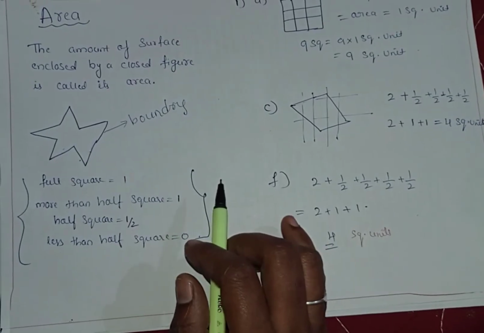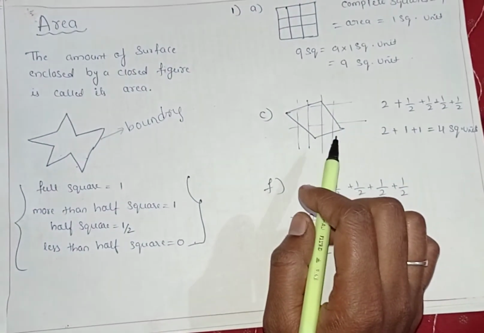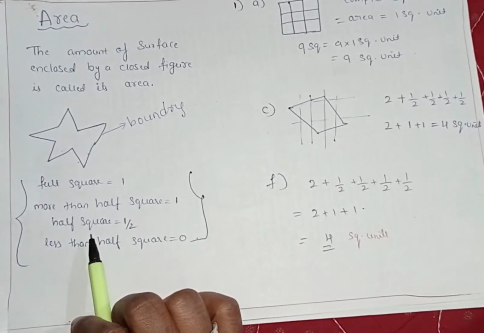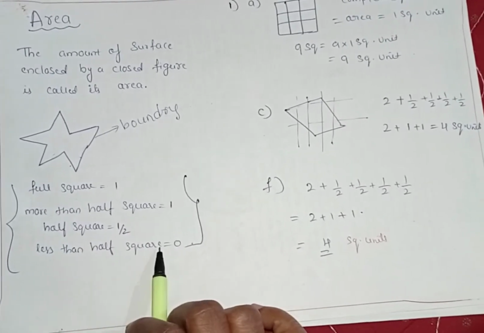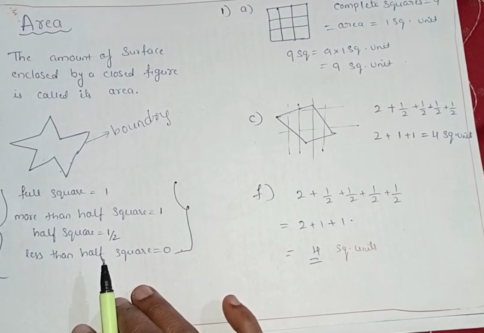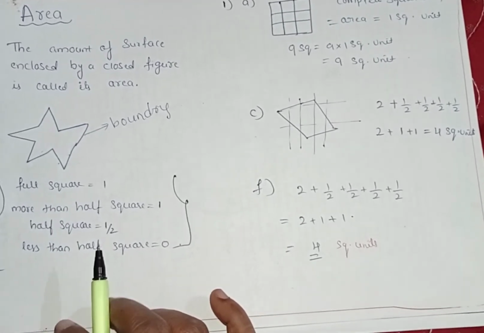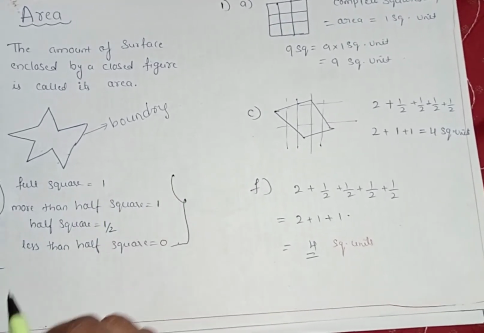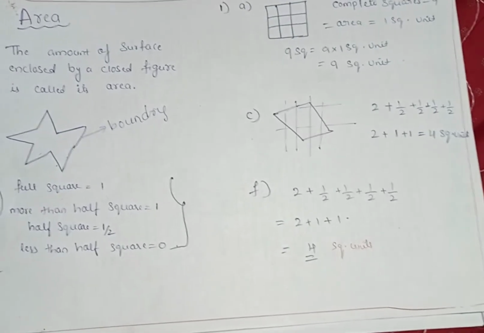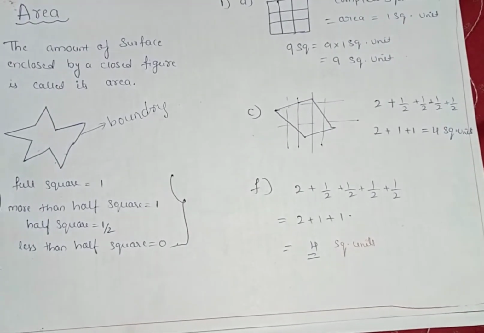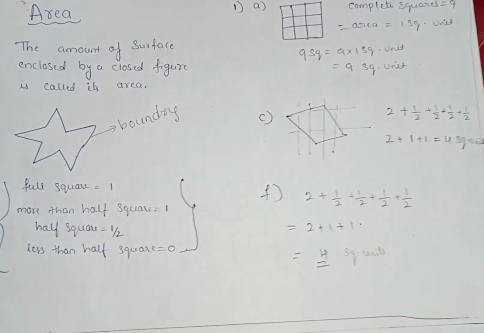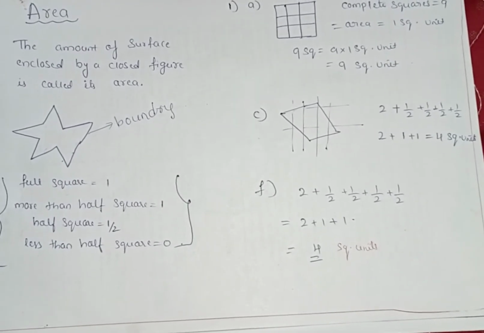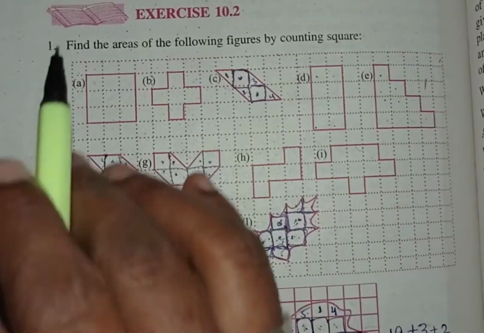If it is more than half, then we take it as 1 unit only. Half square means half. Less than half a square, we take as 0, right? You may get confused why madam is telling all these things, right, children? While calculating the areas in exercise 10.2, we'll get to know. Don't worry. Now let's move to exercise 10.2.